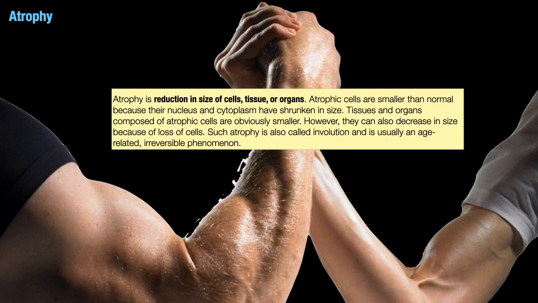Okay, first one is atrophy. It is the reduction of the size of the cells of an organ or of a tissue. But a reduction of size is also possible by reducing the number of the cells in what we call involution, which is an irreversible process related to aging.